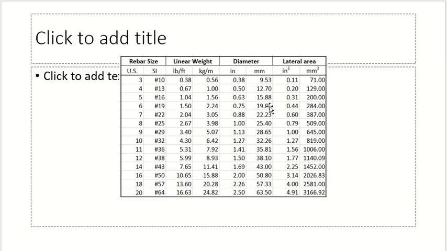16. 15? 15.97 kilograms. Okay, what about this one?